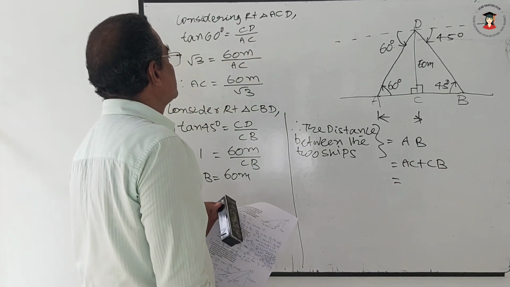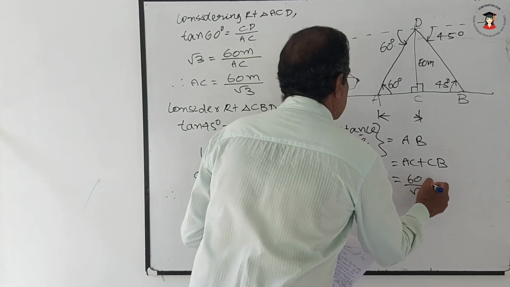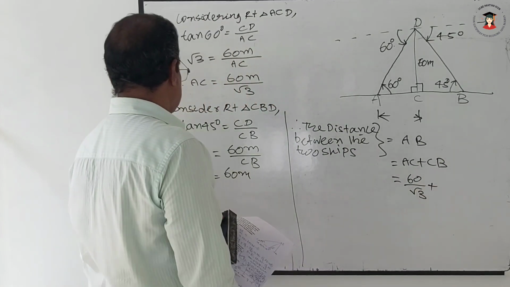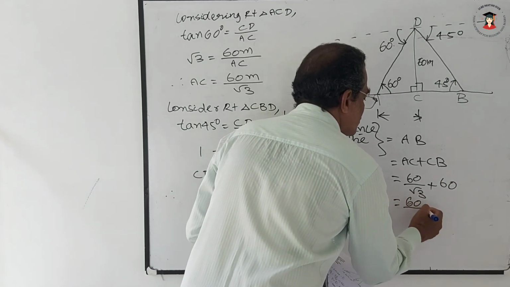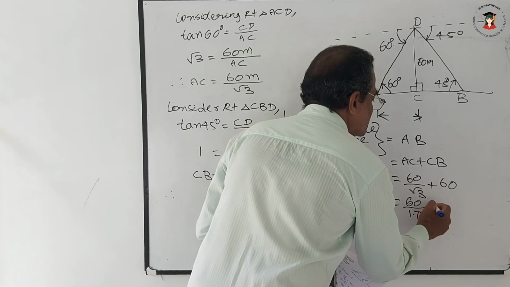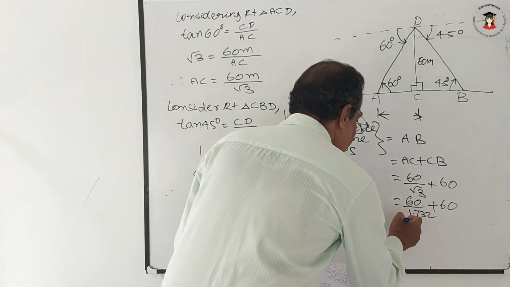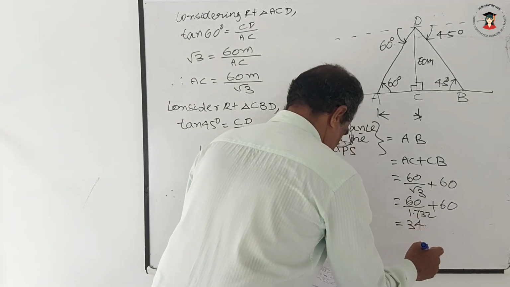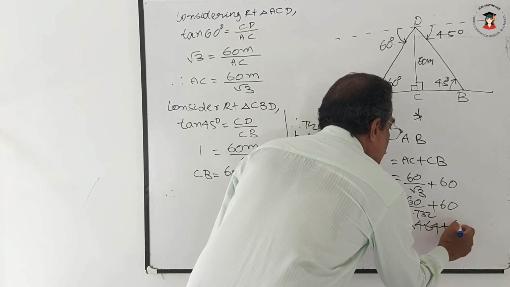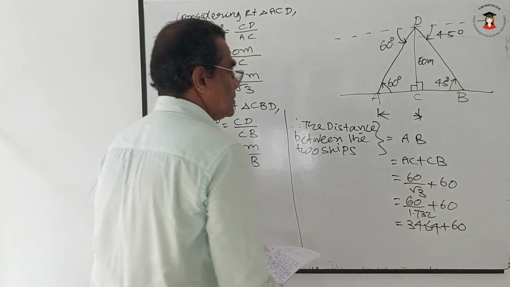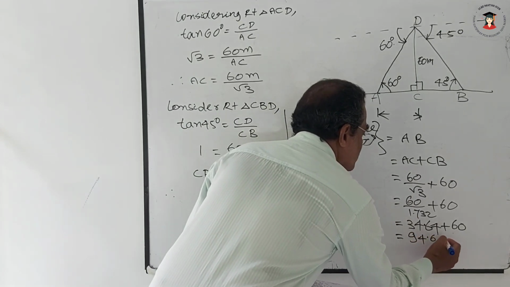AC is 60 by root 3 plus CB is 60. 60 by root 3 means 60 by 1.732 plus 60. 60 by 1.732 is equal to 34.64 plus 60. So this is equal to 94.64.